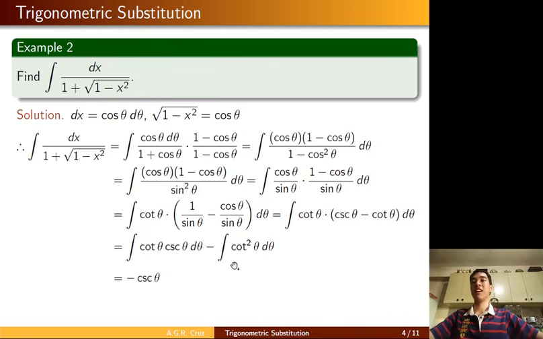Okay? And on the other hand, what is the antiderivative of cotangent squared theta? So wala tayong known na formula, no, for cotangent squared theta itself. However, we can again use identities to express this in terms of an antiderivative which we know how to compute. Okay? So si cotangent squared theta, using identities, what's that equal to?